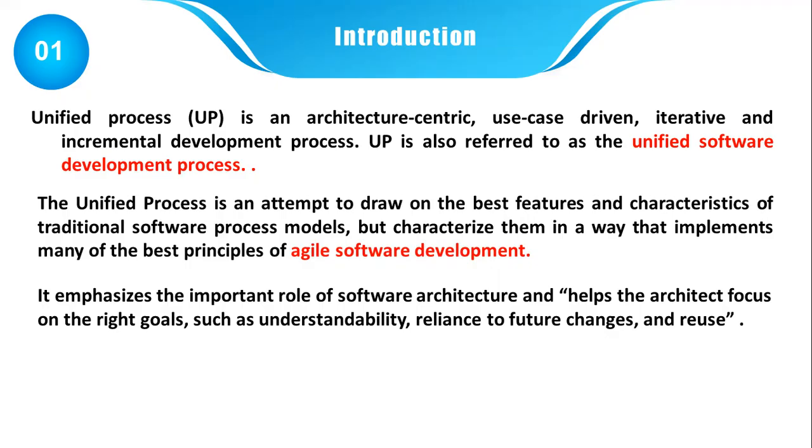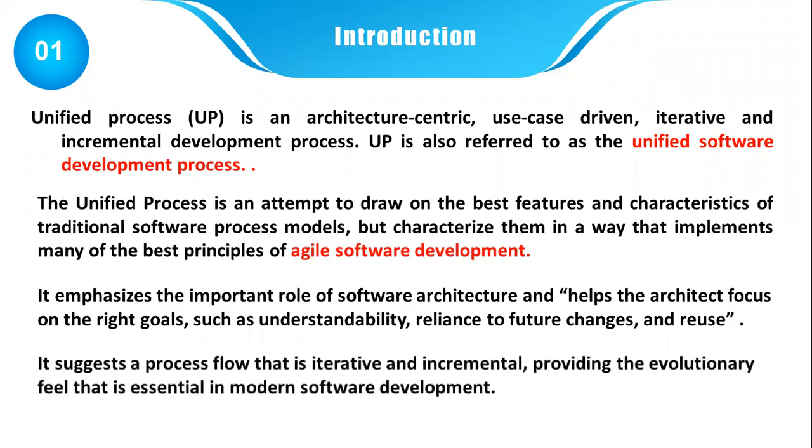It emphasizes the important role of software architecture and helps the architects focus on the right goals such as understandability, resilience to future changes and reuse. It also suggests a process flow that is iterative and incremental, providing the evolutionary feel that is essential in modern software development.